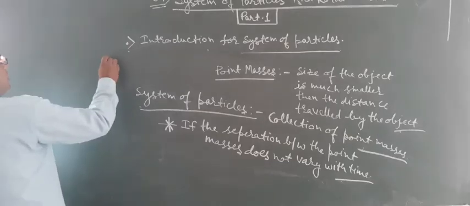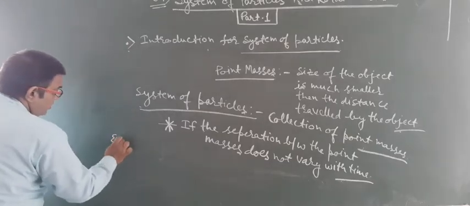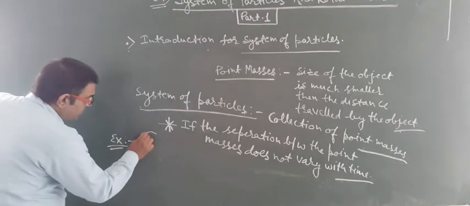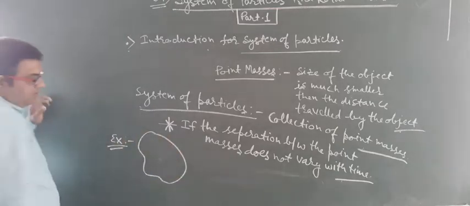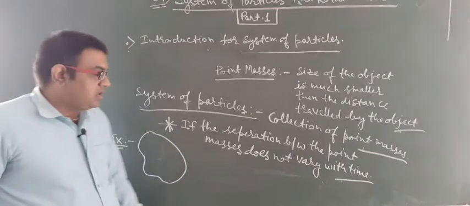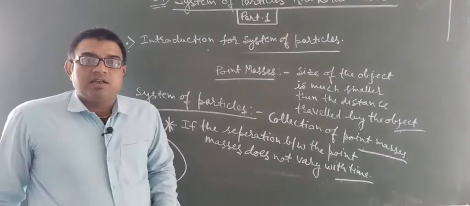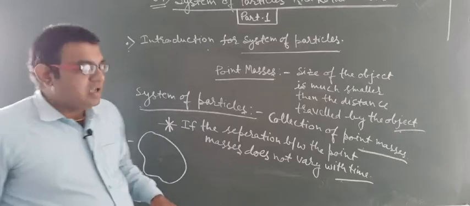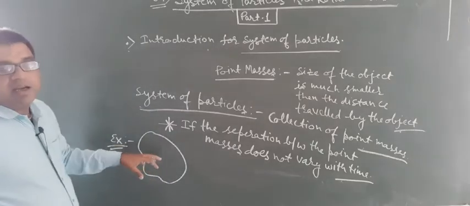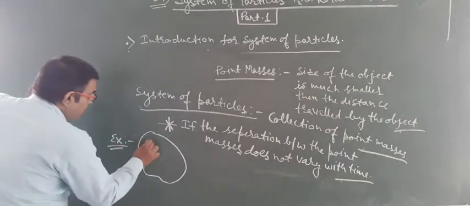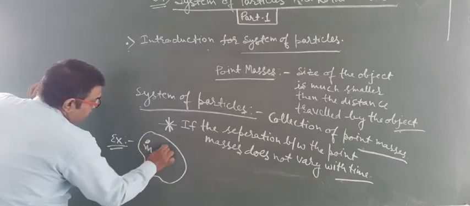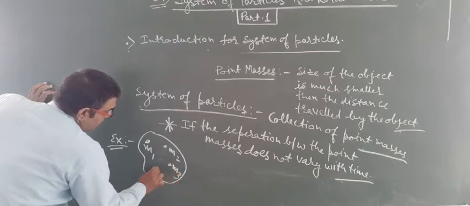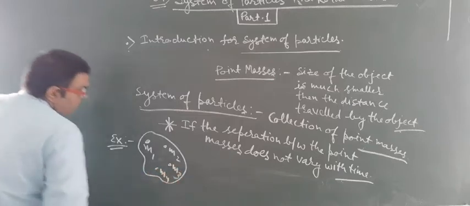Suppose I am taking an example. There is an object, and this object can be considered as a group, cluster or collection of different point masses. Suppose M1 is here, M2 is here, M3 is here, and M4 is here.